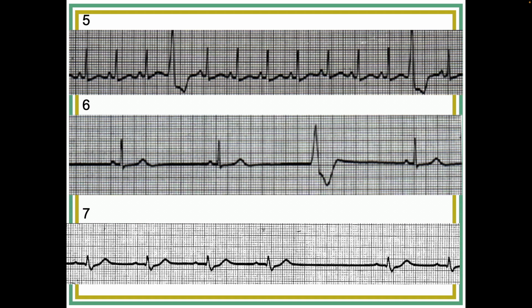Why are these QRSs so much larger? So the shape of the QRS is really dependent, remember when we said an ectopic focus can come from anywhere in the heart. The oddball beat, the premature beat, can come from the atria, premature atrial beat, the AV node, premature junctional beat, or the ventricles, premature ventricular beat. And what we have not done yet is talk about how you can tell, say, a premature atrial beat from a premature ventricular beat.